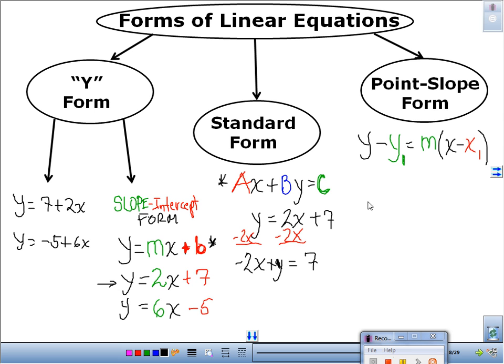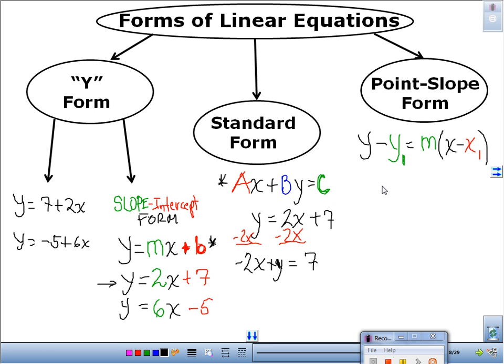Now check this out. One thing that we do know, everybody look up, please. Look at this one. We do know what m stands for, right? Look what the name of it is. Point, slope. What is the name of this one? Slope, intercept.